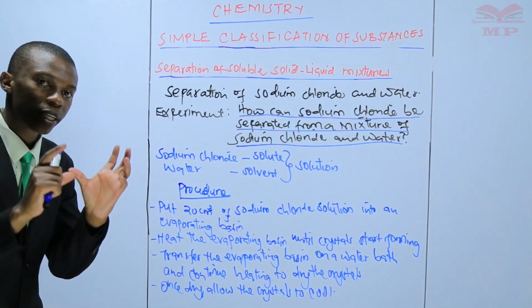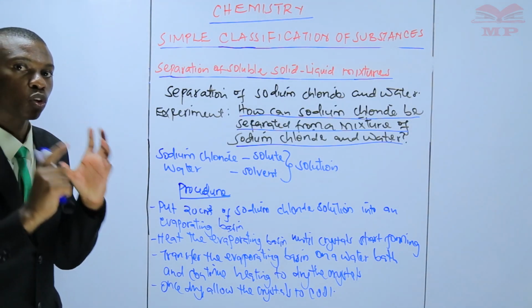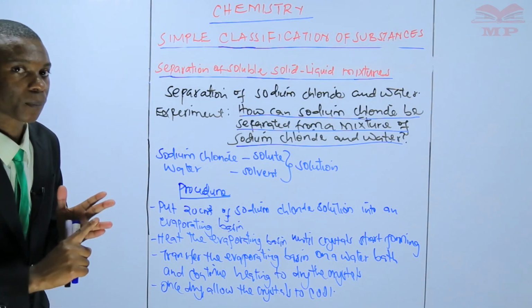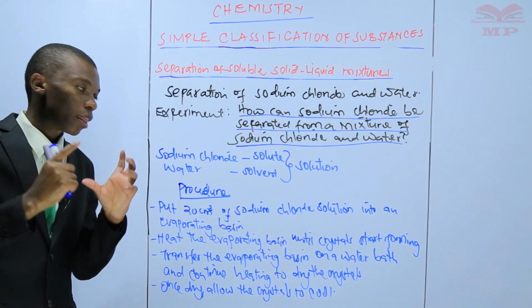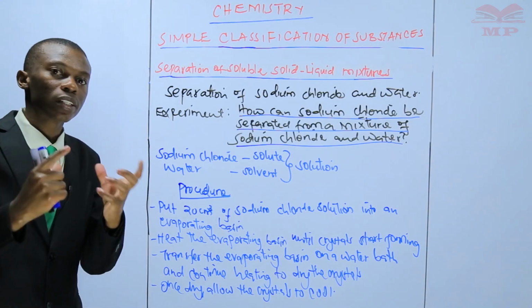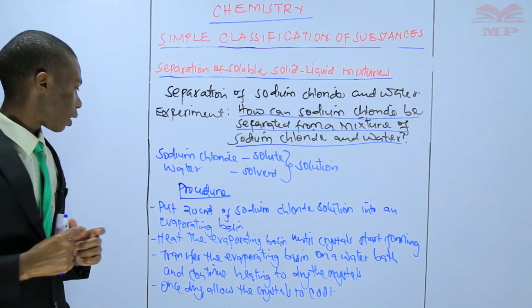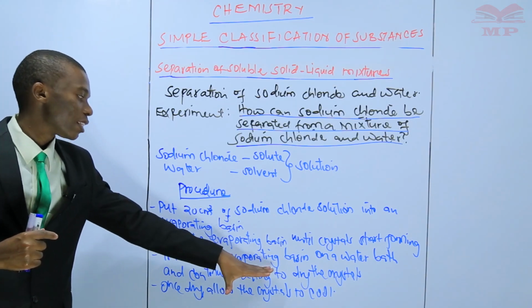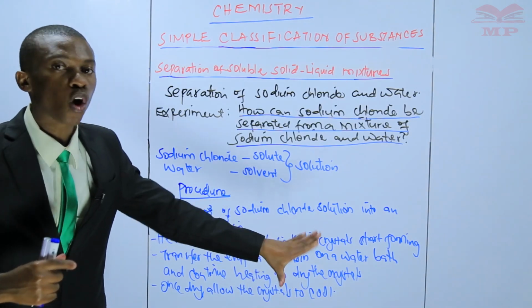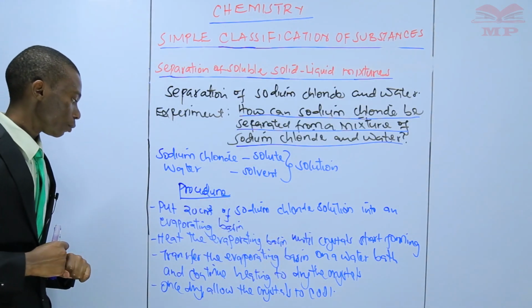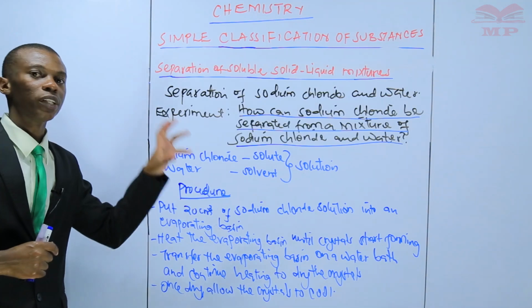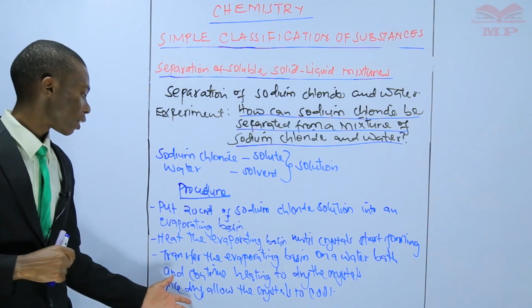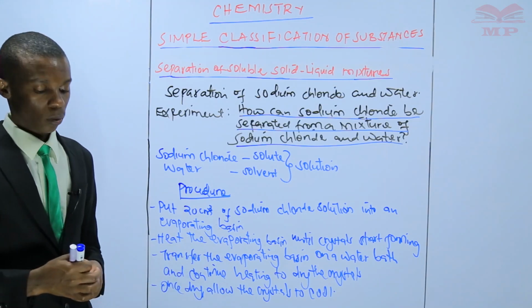Remember, this evaporating basin contains a solution, which means sodium chloride dissolved in water. You are heating this basin until crystals start forming. After you see the crystals start forming, transfer the evaporating basin onto a water bath and continue heating to dry the crystals. Then once the crystals are dry, allow them to cool.